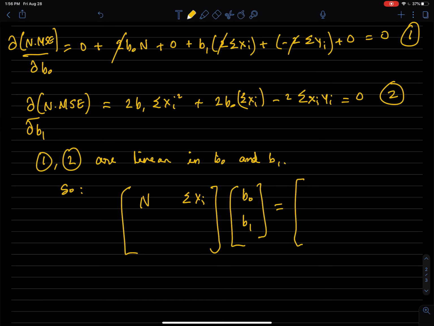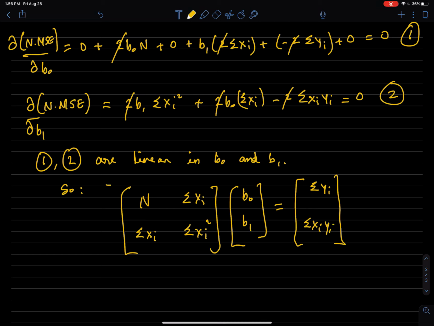And then on the right-hand side, we have summation yi. Here we have, again, a whole bunch of 2's, which we can cancel. The coefficient of b naught is going to be summation xi here, b1 is going to be summation xi square, and the right-hand side is going to be summation xi yi.